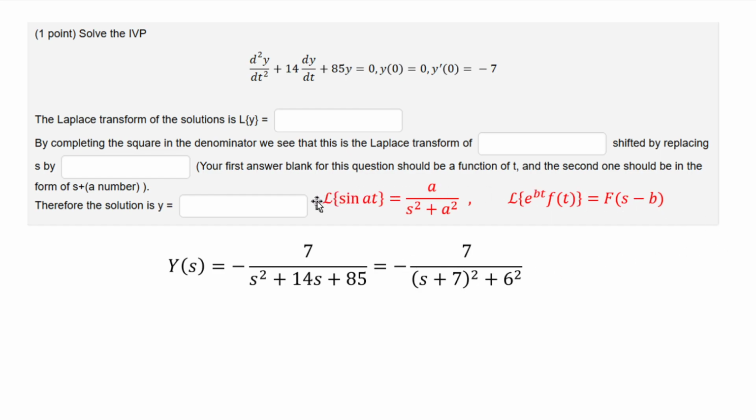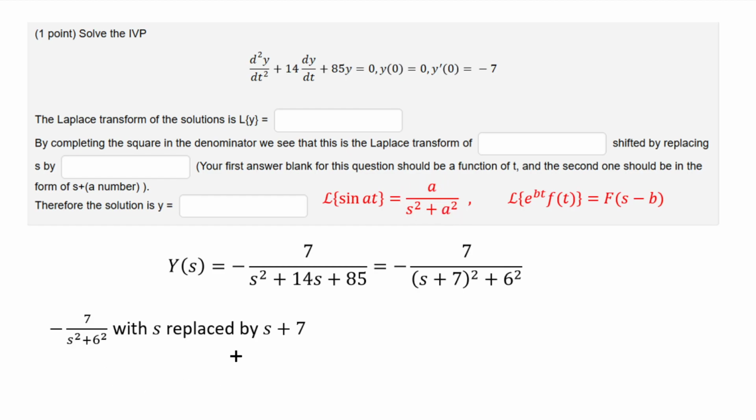Okay, so the first formula is that sine at's Laplace transform is a over s squared plus a squared. And the second formula is that e to the bt times f(t) has Laplace transform F of s with s replaced by s minus b. Okay? So that's the formula. And then for our case, because a is 6, you need to look at this formula again with a being replaced by 6.